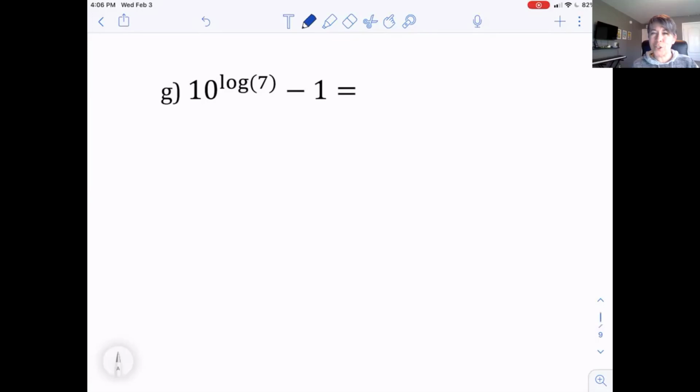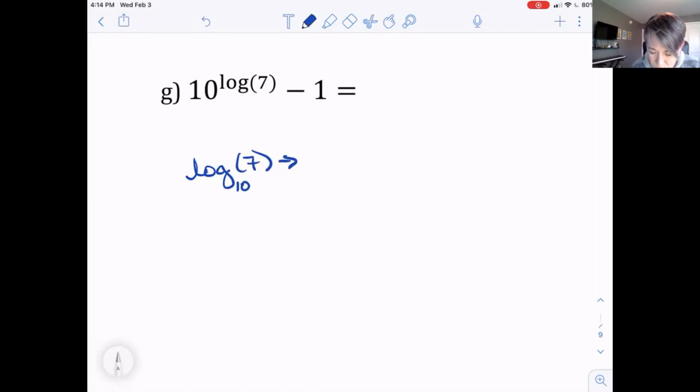Now let's take a look at G. Okay, so this is going to take a little bit of thinking. We have 10 as a base, but it's a base of an exponent. The logarithm is in the exponent position. So before we simplify this, let's take a look at what log of 7 is saying. So that's an understood base 10.